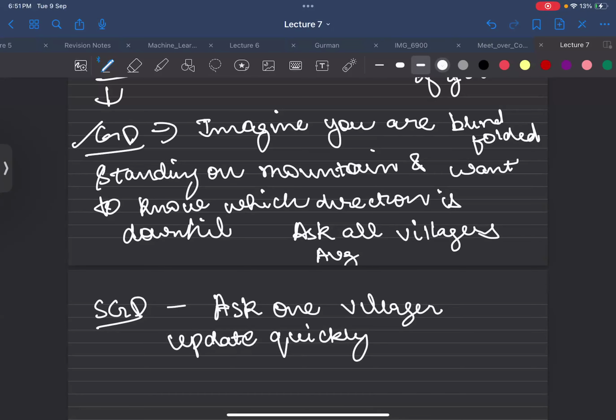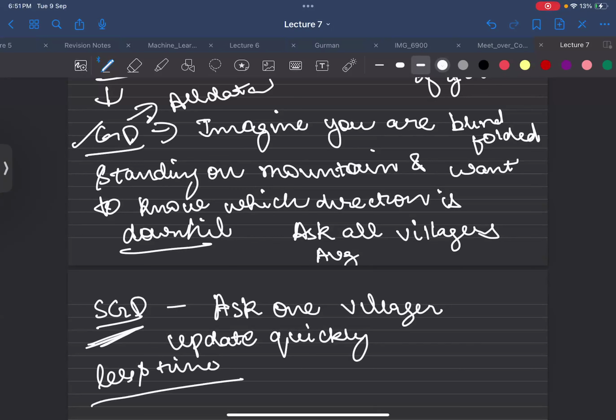So here what is happening is, in gradient descent, I'll gather all the data points, I'll average them, and I'll update the weights. In SGD, I'm taking one data point only and going with whatever it is saying. SGD, as you can see, takes less time.